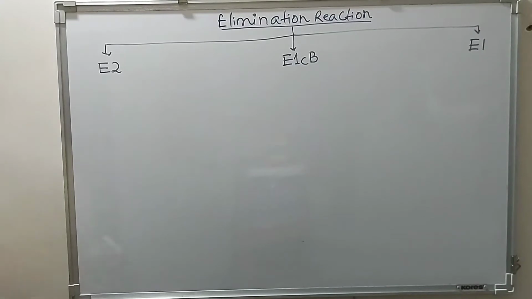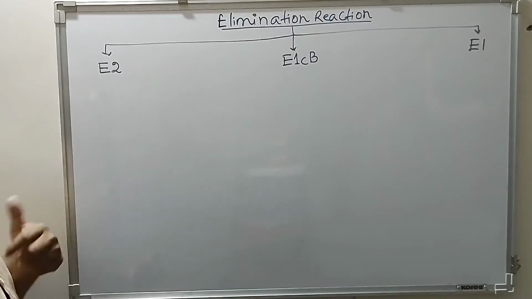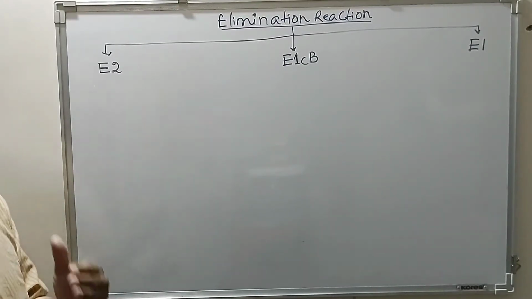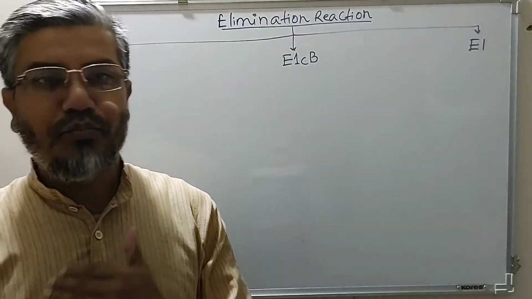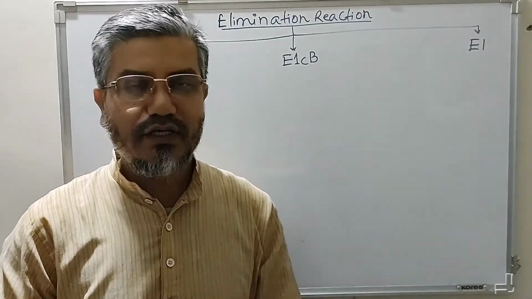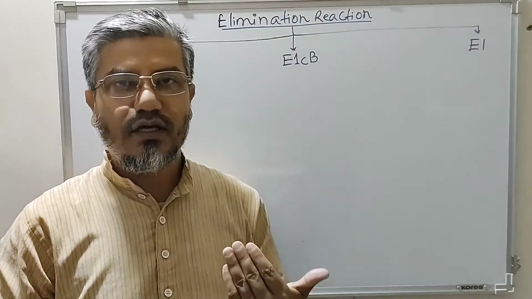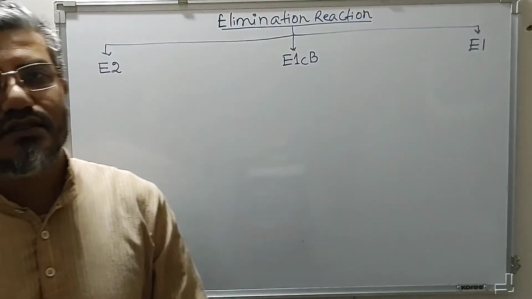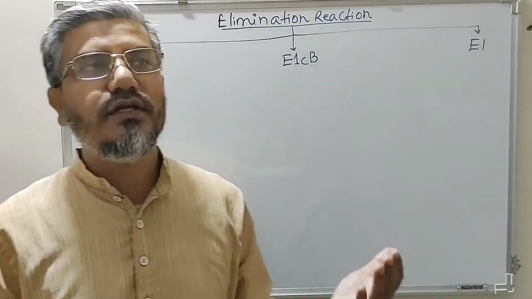Now the basic difference between the E2 mechanism, E1CB mechanism and E1 mechanism is based on the different timings for the breaking of the carbon-hydrogen bond and the carbon-halogen bond. So during the course of elimination, a hydrogen halide, HX, is to be completely removed.